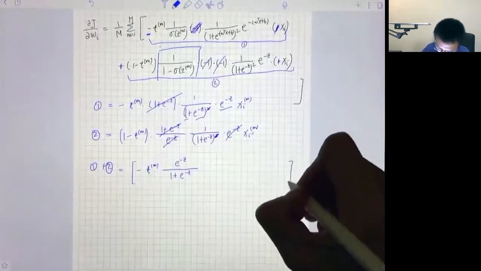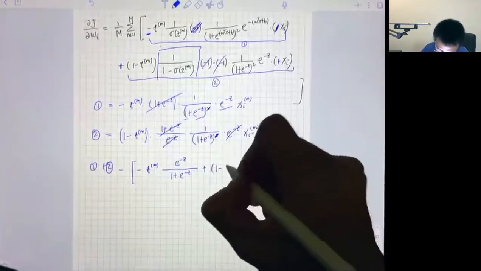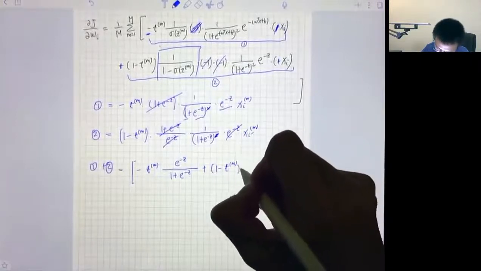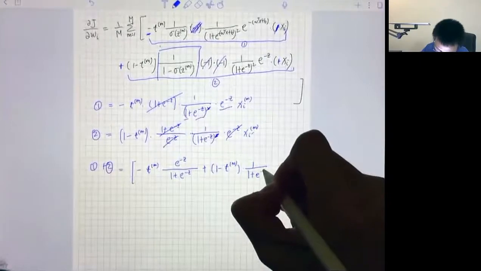I would put my xi to the last, plus 1 minus Tm times 1 plus e to the minus z, okay?